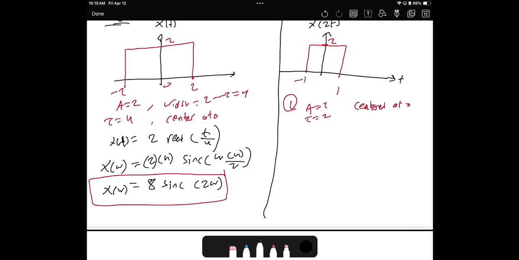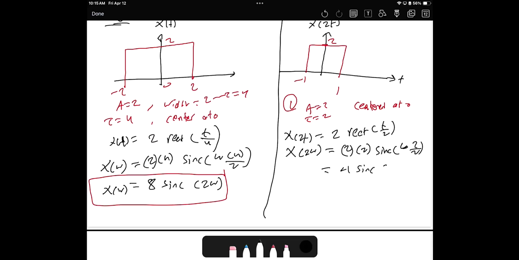So here x of 2t will be 2 rect of t over 2. Then we can find the transform, X of omega, which will be A tau, where A is 2, tau equals 2, sinc of omega 2 over 2. So as a result, this will be 4 sinc of omega.